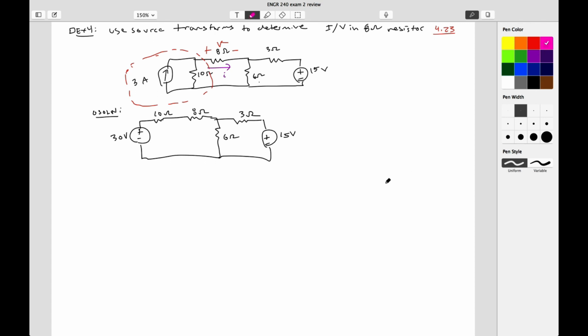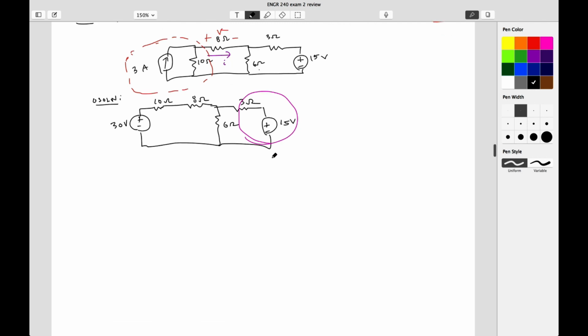All right, so now we want to find the next obvious source transformation. This one is a nice one because once we do this, it'll put this 3 ohm in parallel with the 6, so that way we could take it back to a voltage source, and that would make our lives better.